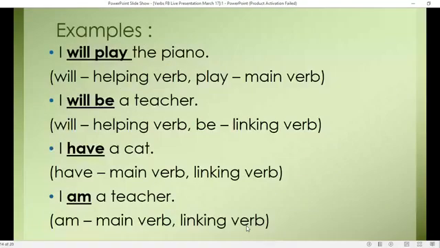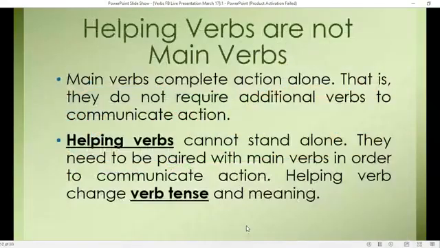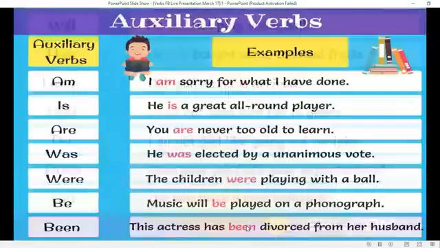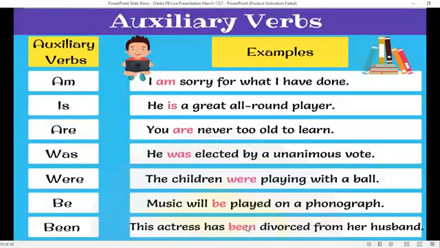So, when we go back with our auxiliary verbs, actually, I will post this after this FB Live. So, this one will also be used in our next activity. So, you have to take down those auxiliary verbs.